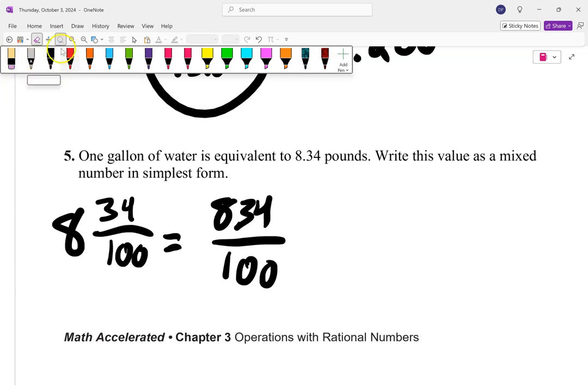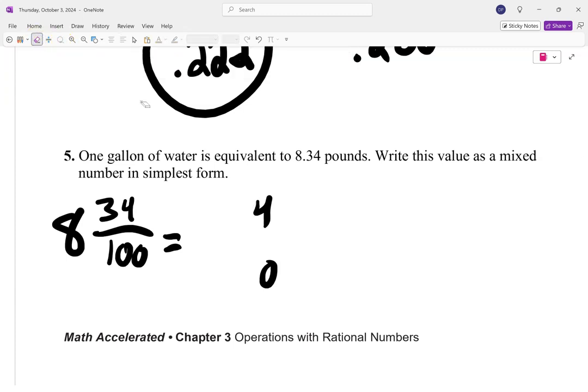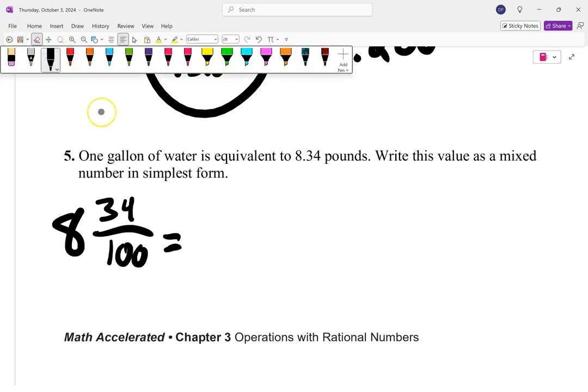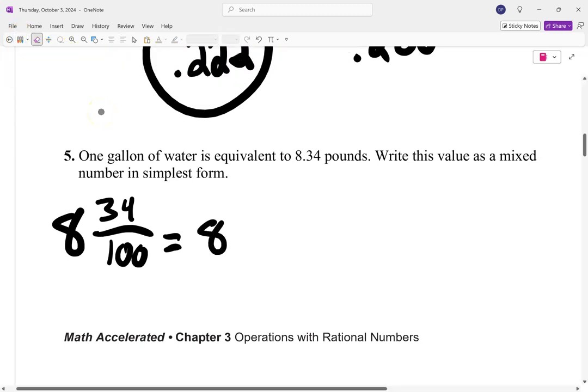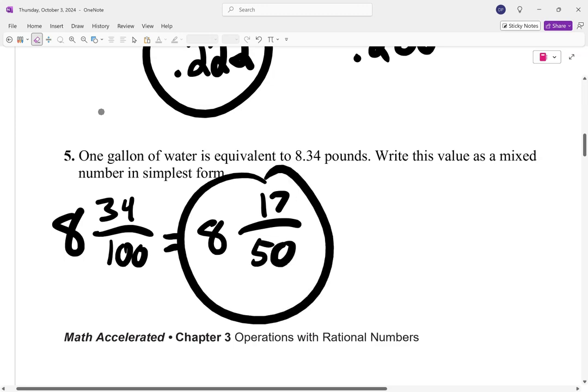We didn't need to do that part, did we? Because it's asking us for a mixed number. So we can leave the 8 outside, and we just need to reduce 34. What did you divide it by? 2, so we get 17 over 50. And we're done, right? We should write our units though. Okay.